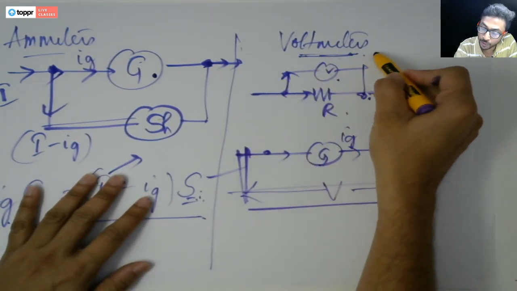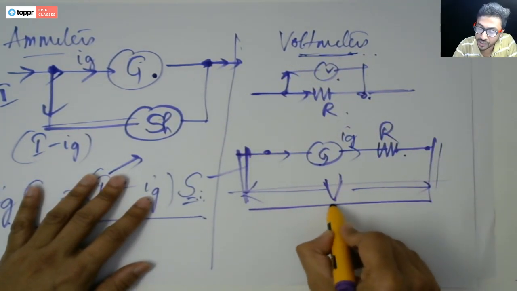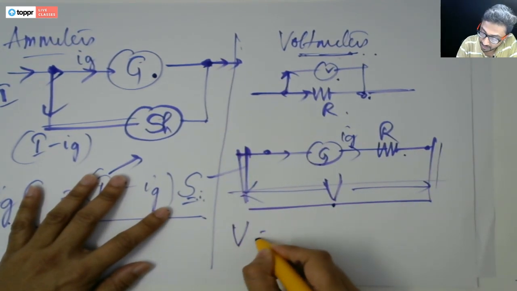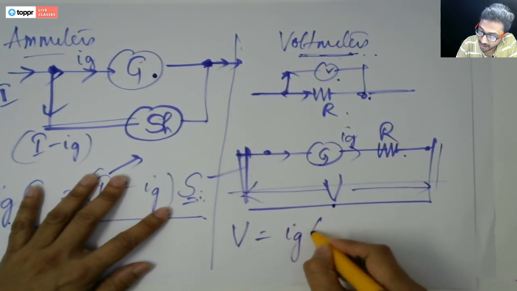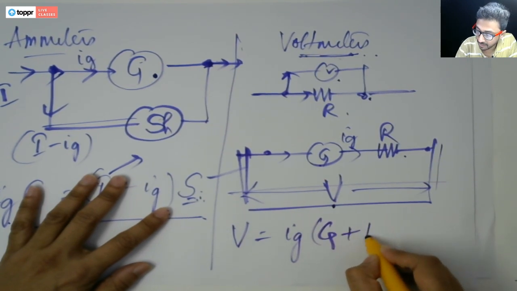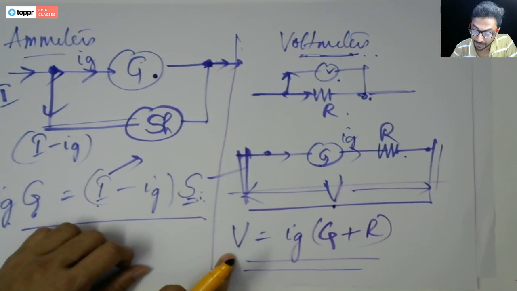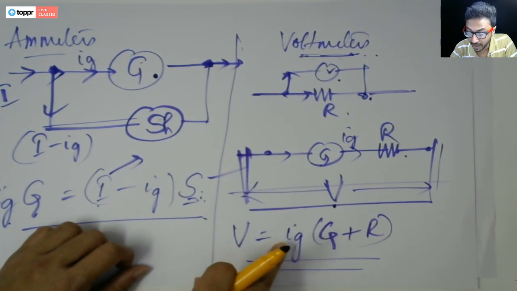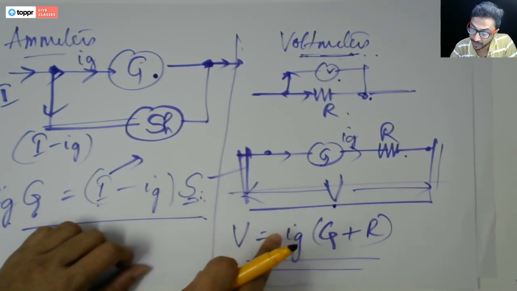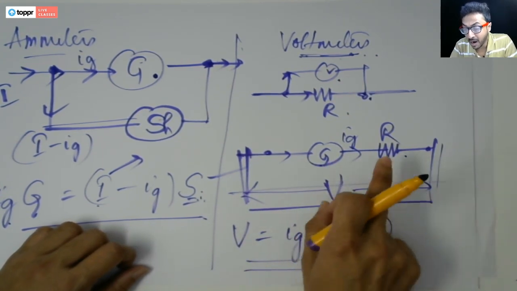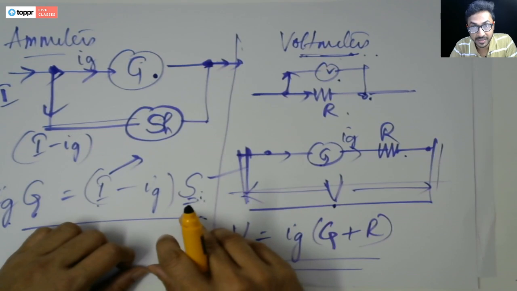Say in a voltmeter the maximum voltage we want to measure is V. So for maximum deflection we can write V equals Ig times (G plus R). V is the maximum voltage that a voltmeter will measure. Ig is the current through the galvanometer. G is the resistance of the galvanometer. R is the series resistance.